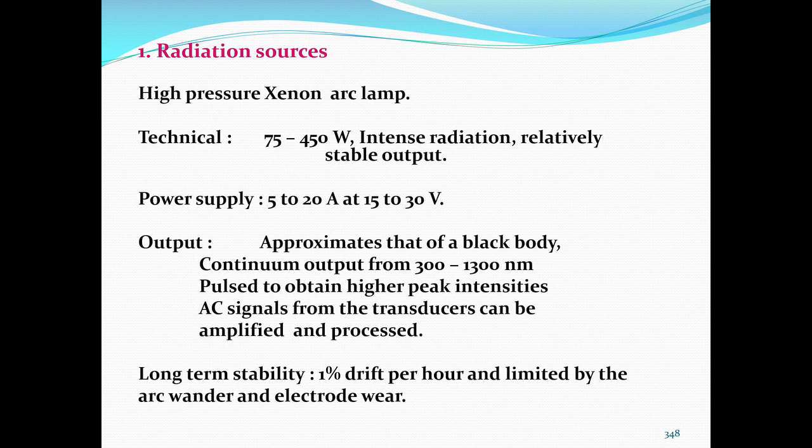and the technical specification includes about 75 to 450 watts. This gives very intense radiation and a relatively stable output. Higher the wattage, the output will not be stable. The power supply should be between 5 to 20 amperes at about 15 to 30 volts.